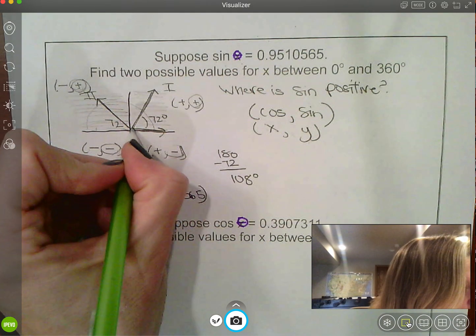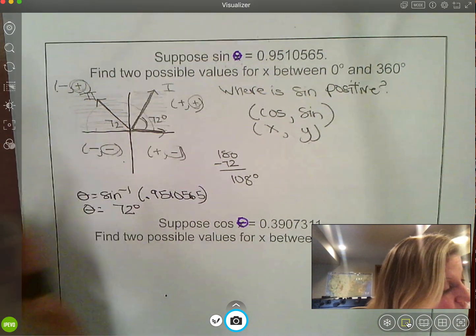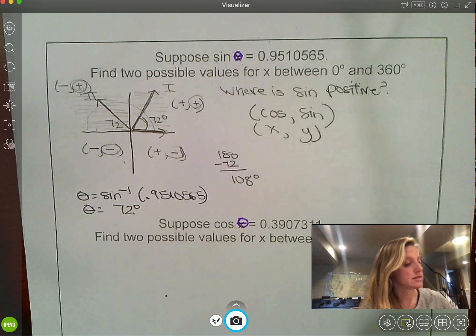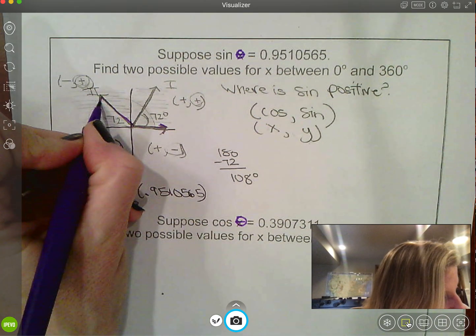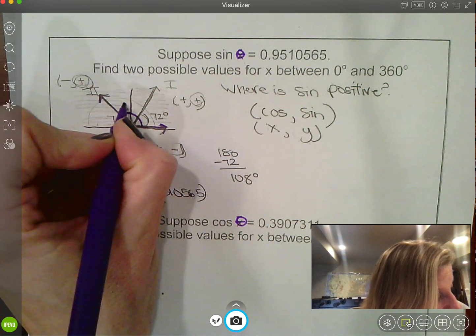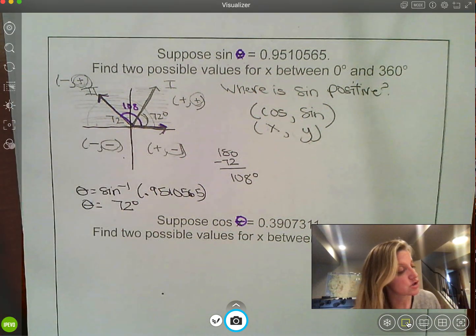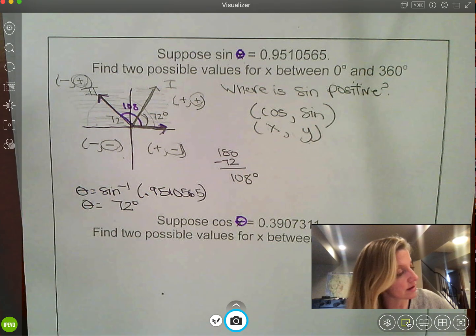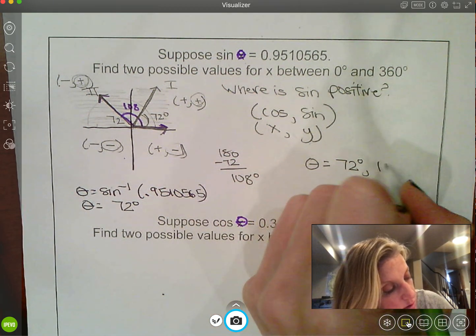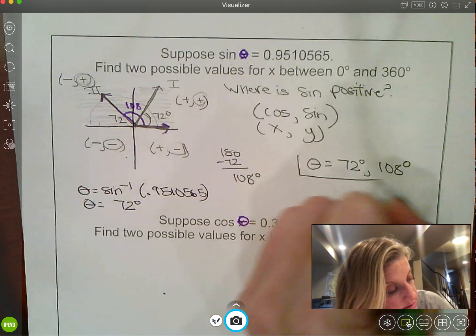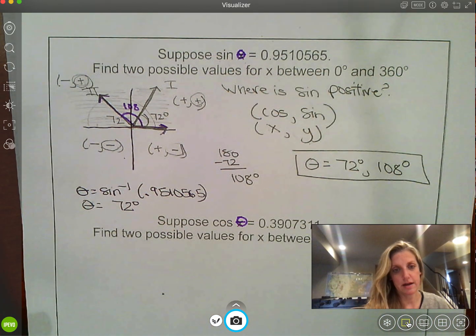The first one, real easy, sitting in quadrant 1, is 72 degrees. The second one, that's a little harder to see, has that same initial side, but it goes all the way to there at 108. So when it says two possible values, you would say theta could be 72 degrees or 108 degrees. There's the two possible values.